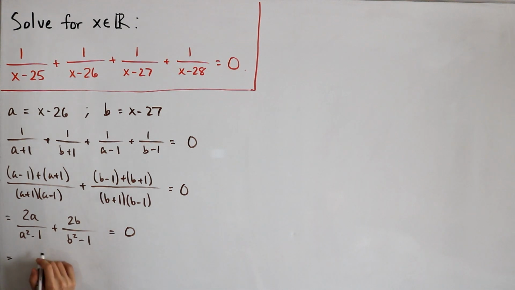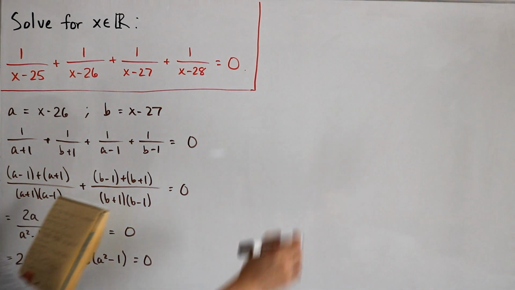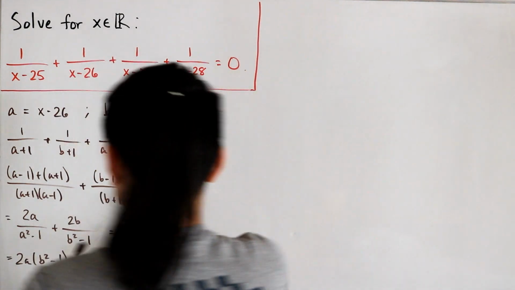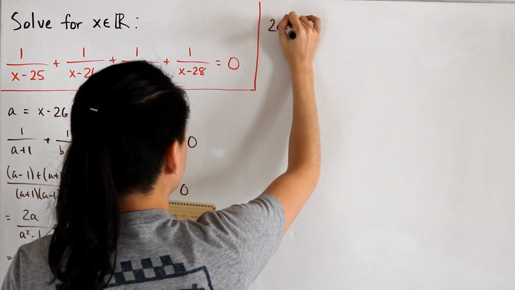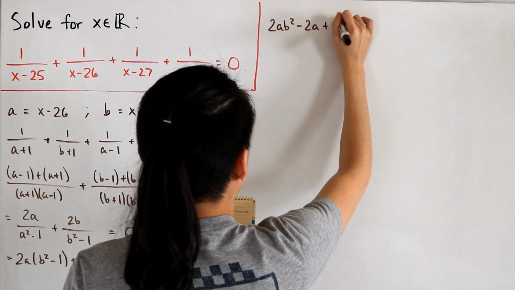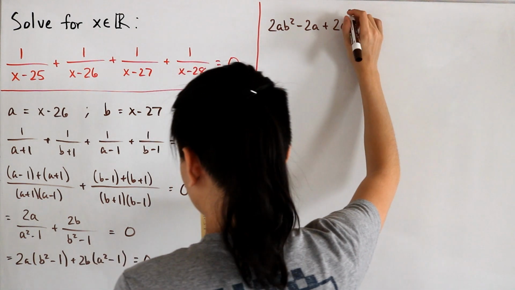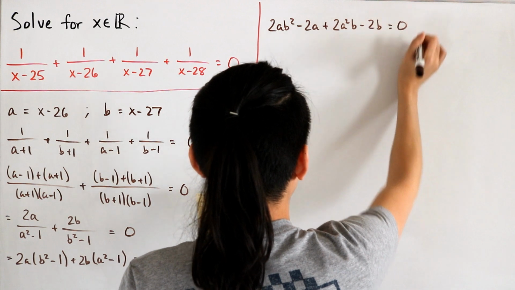So we have 2a multiplied by b squared minus 1, added with 2b multiplied by a squared minus 1, equals 0. After the distributive method, we have 2ab squared minus 2a, added with 2a squared b, minus 2b is equal to 0.